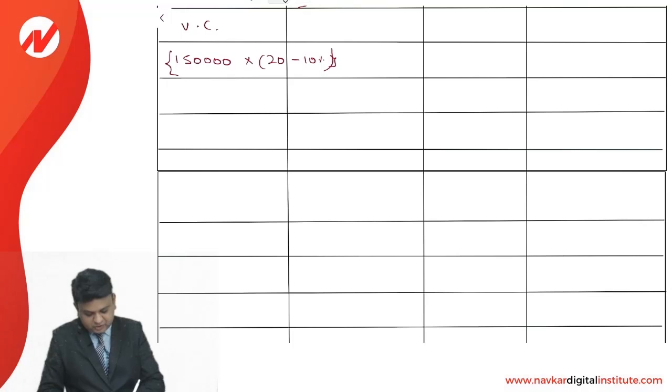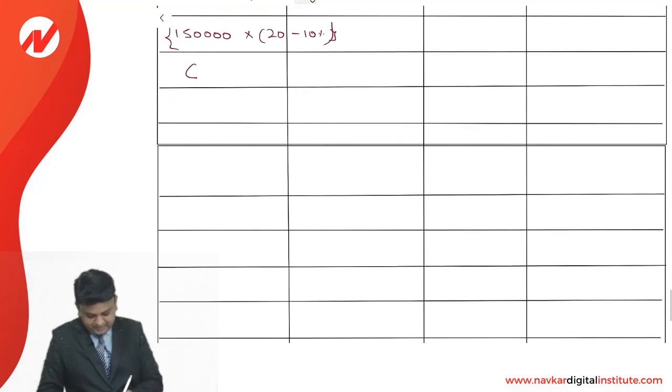The difference of both of them is contribution. Basically we are computing the contribution because later on it would be required for calculation of the degree of operating leverage. Less fixed cost.